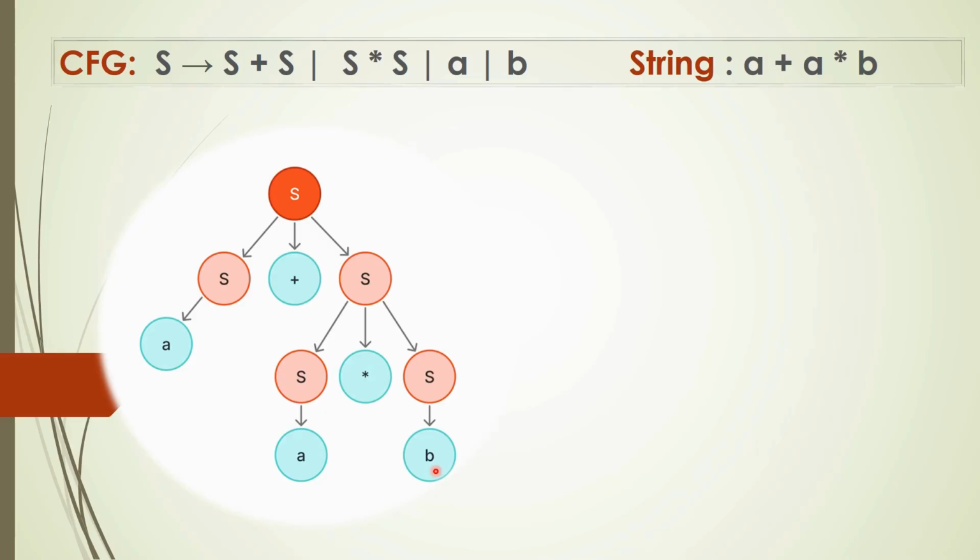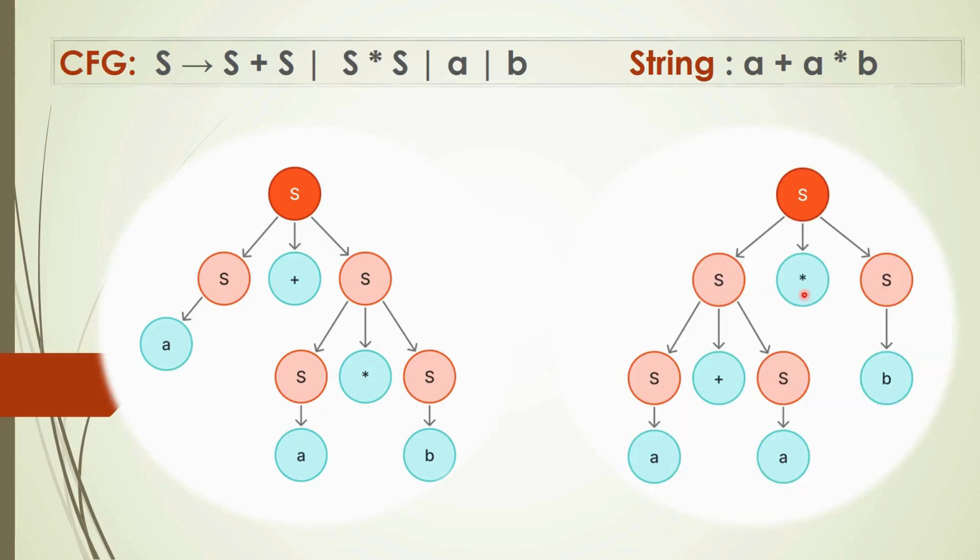Now let's consider the second tree. Here you can see this S is substituted with S multiplied by S. In the first tree the addition rule was substituted first, but in this tree you substituted the second rule, which is S multiplied by S. Now this S is substituted with S plus S, and this S is substituted with a, this S with a.